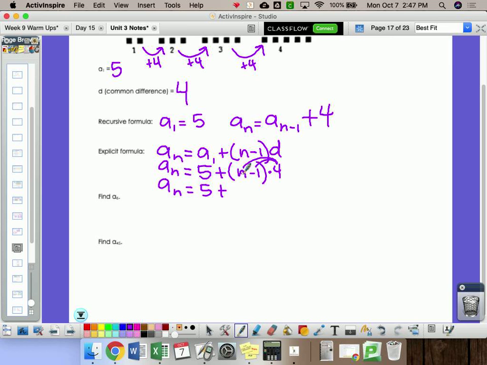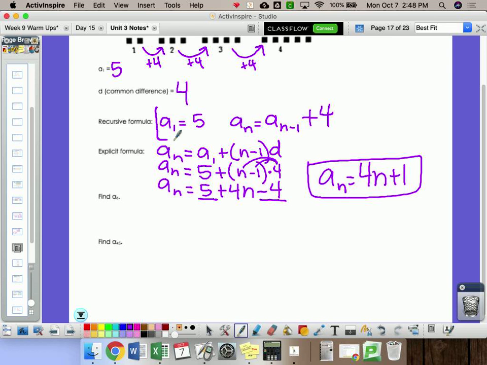So that would be 4 times n would give me 4n, and 4 times negative 1 would give me negative 4. Then I have 5 minus 4 that I can combine together, which gives me my equation of 4n plus 1.